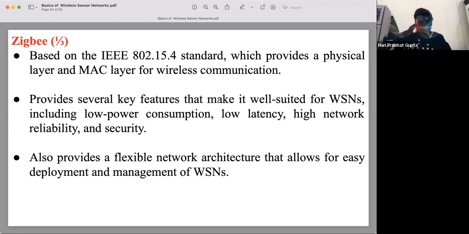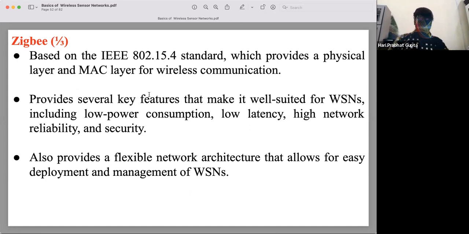Now the ZigBee protocol. The ZigBee protocol is based on the 802.15.4 standard. That means whatever the properties and qualities of the 15.4 standard are already incorporated in ZigBee.